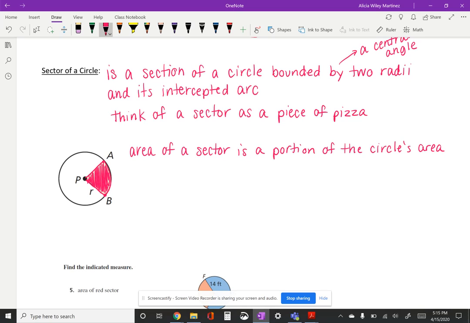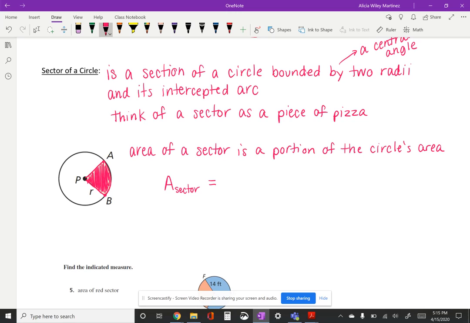When I go to write the formula of the area of a sector, you're going to see the area formula for circle contained within this formula, which is sort of cool.